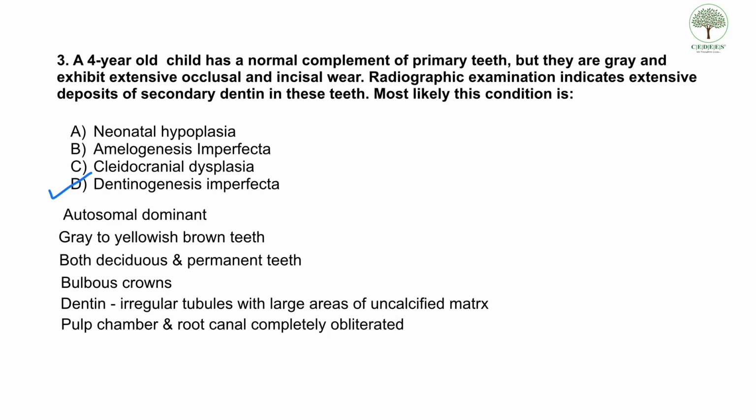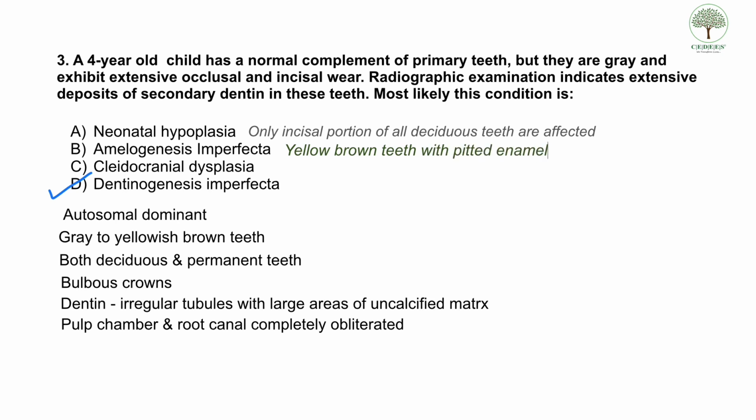Now, why did we not go for neonatal hypoplasia? Neonatal hypoplasia usually affects deciduous teeth, and it is characterized by hypocalcification. Dentinogenesis imperfecta will result in a pitted, discolored appearance of the teeth, where the enamel quickly wears off. So that's why we've gone for dentinogenesis imperfecta.